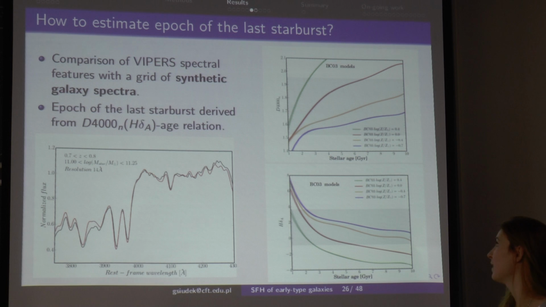So, as we can see, these relations are not only dependent on the age, but there is also a strong dependence on metallicity, where each color corresponds to a different metallicity.